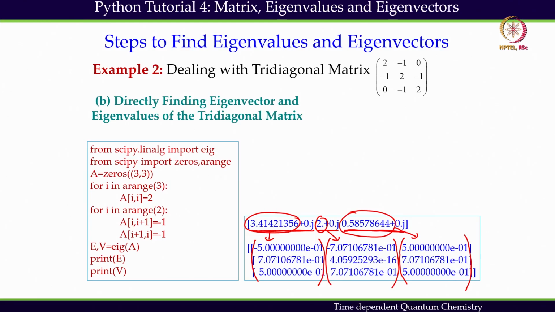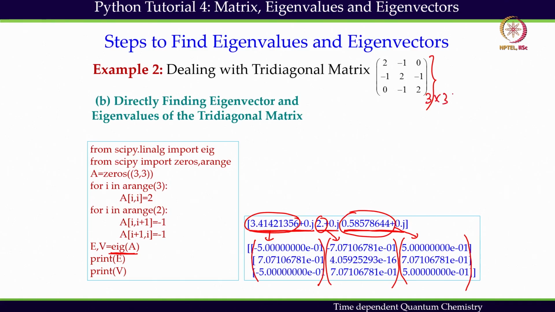So, we can directly calculate the eigenvalues and eigenvectors of a tridiagonal matrix, but this direct procedure, where I am making use of the entire matrix, is useful only for lower dimensions, like a 3 by 3 matrix.